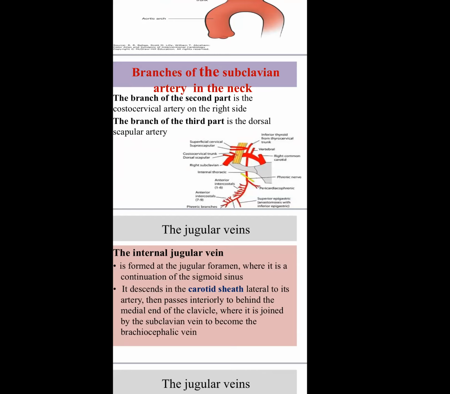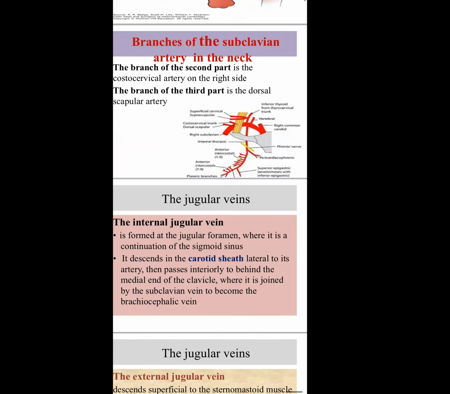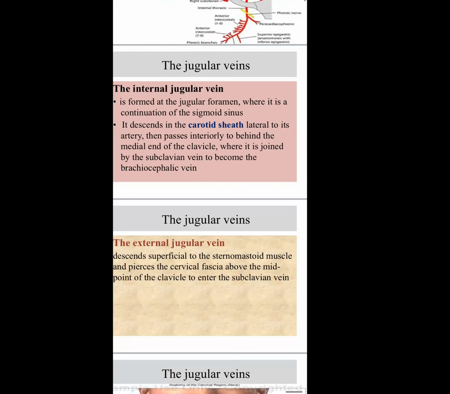Now we will discuss the veins, the jugular veins. The internal jugular vein is formed at the jugular foramen, where it is a continuation of the sigmoid sinus. It descends in the carotid sheath lateral to artery, then passes anteriorly to behind the medial end of the clavicle, where it is joined by the subclavian vein to become the brachiocephalic vein.